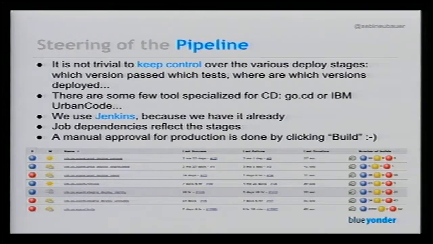And we do it with Jenkins. There are some specialized continuous delivery tools. I know from ThoughtWorks it's go.cd, or there's IBM UrbanCode. I never used them because we just have Jenkins already there, so we glue those jobs together.